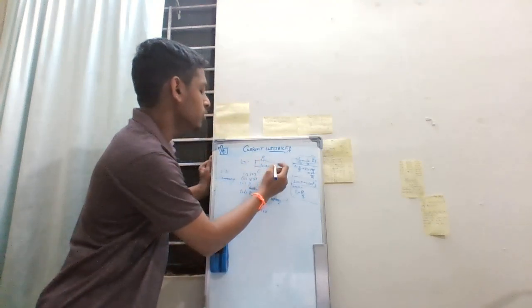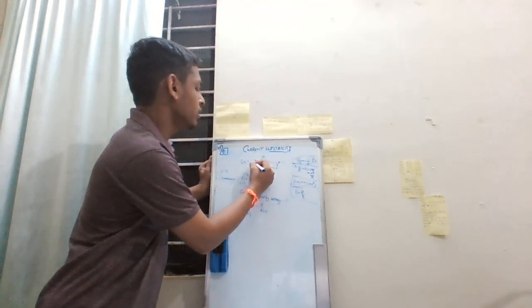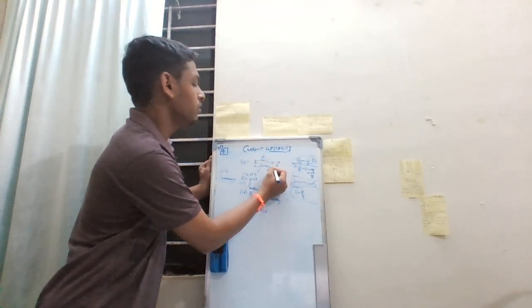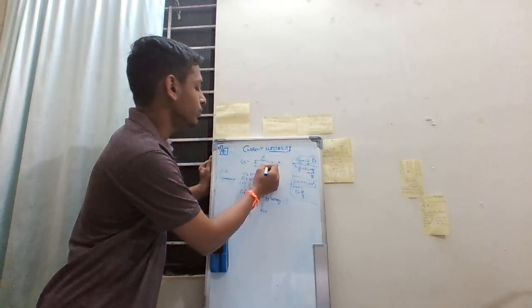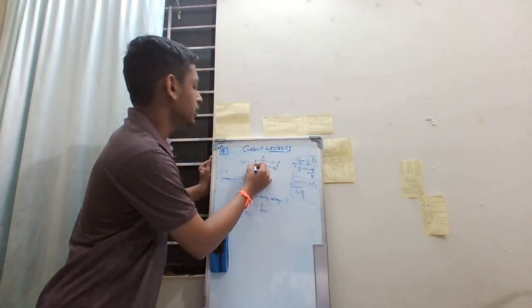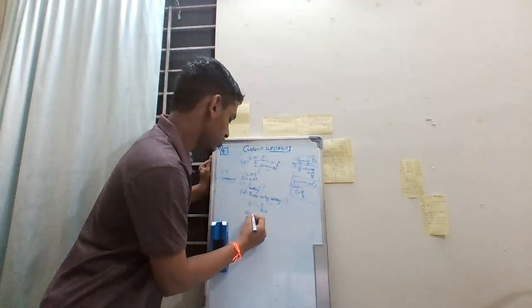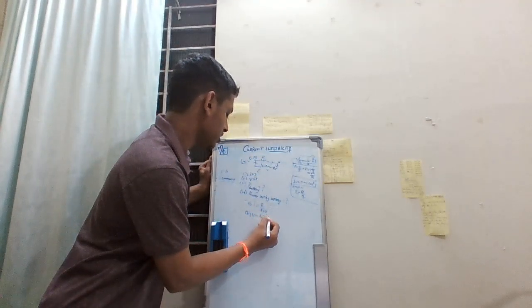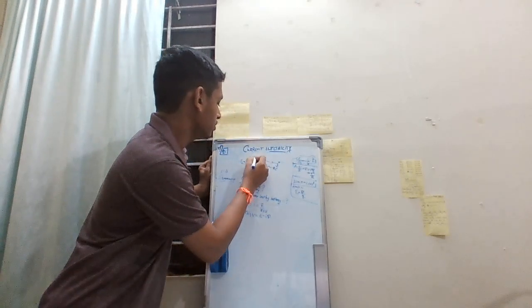Here, across the load, if we consider it zero here, the current direction is mentioned from here to here. So if it comes here, it is E minus Ir. So the potential across it is E minus Ir, with small r.